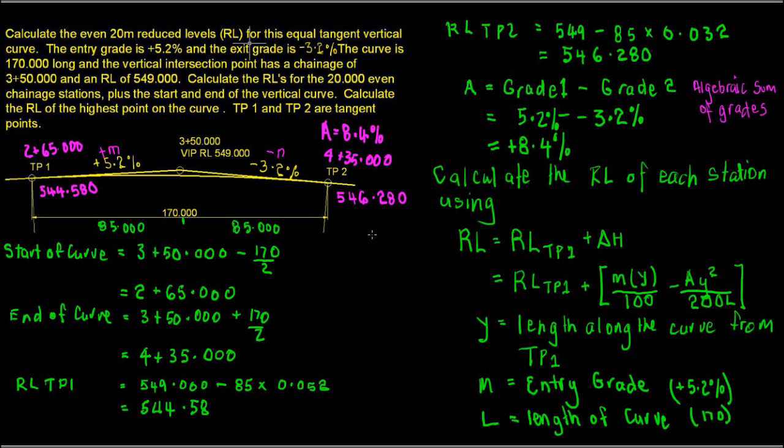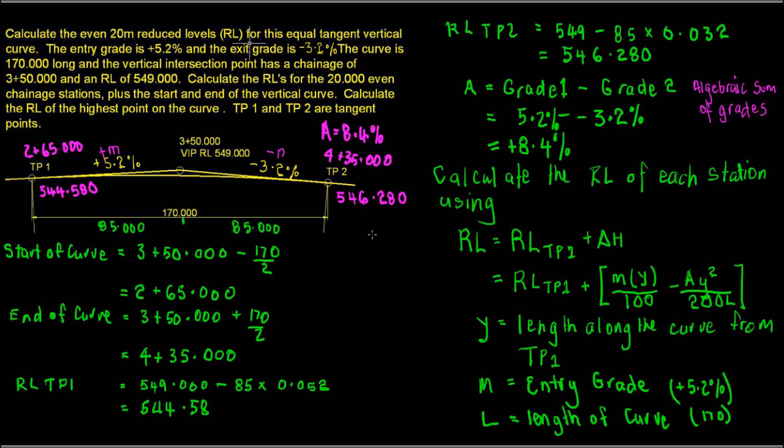The curve is 170 metres long and the vertical intersection point has a chainage of 3 plus 50, which is a way of recording chainages, where the 3 represents the 100 and the 50, so it's the equivalent of 350 metres, and an RL of 549 metres. So we have to calculate the RLs for the 20 metre even chainage stations plus the start and end of the vertical curve. Calculate the RL of the highest point on the curve. TP1 and TP2 are tangent points.